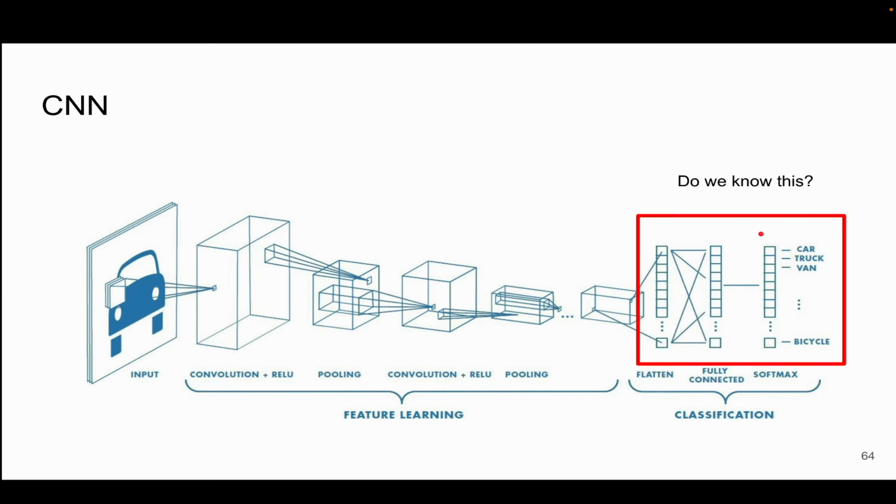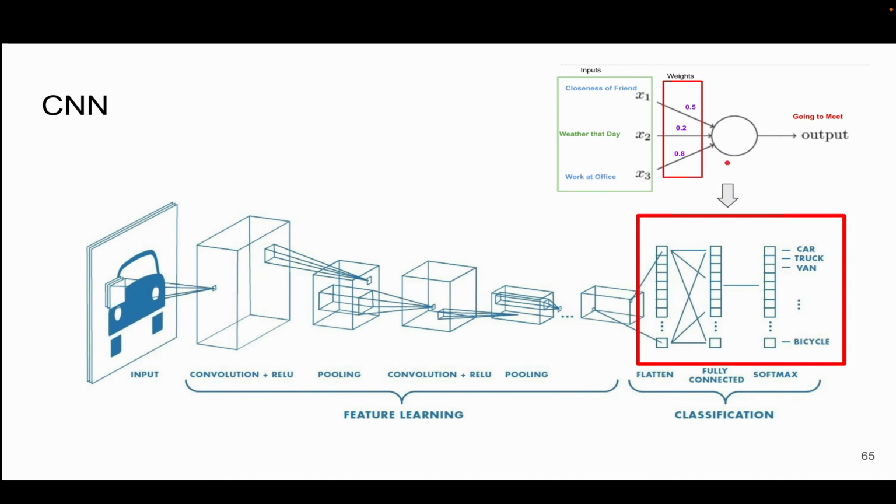So what is this? Do we know this? Yes, we know this. It is the same as the perceptron that we studied: closeness of friend, whether that day, work at office, and we just multiply it with some parameters and get the output, right? So it sounds easy, right? The features get extracted. The pooling is reducing the image.